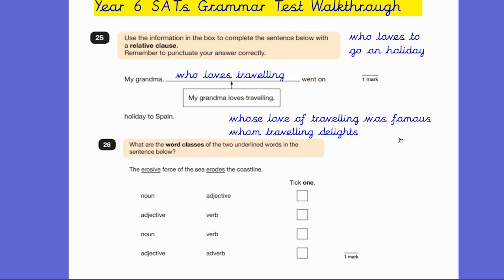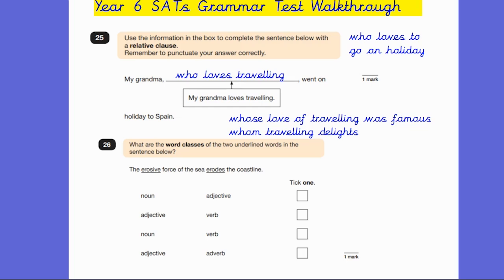So as long as it makes sense and it has been punctuated correctly, the children will get the mark. If they use the incorrect relative pronoun, for example, if they say my grandma, which loves to travel, they will not get the mark. So it needs to be the correct use of the relative pronoun.